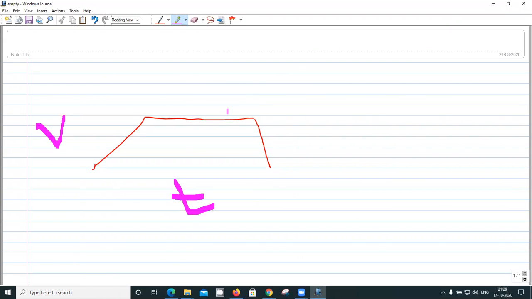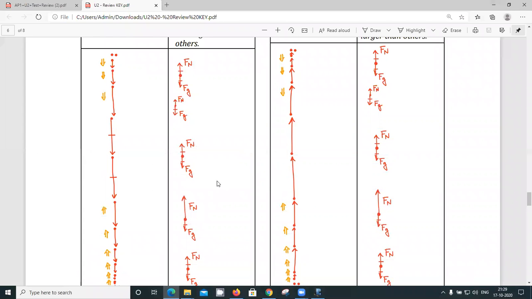This part acceleration is 0. So Fg minus Fn equals m into a, where a is 0. So isn't the elevator not moving? No. It's moving at constant speed. Acceleration is 0. You can have moving with acceleration 0, velocity constant.